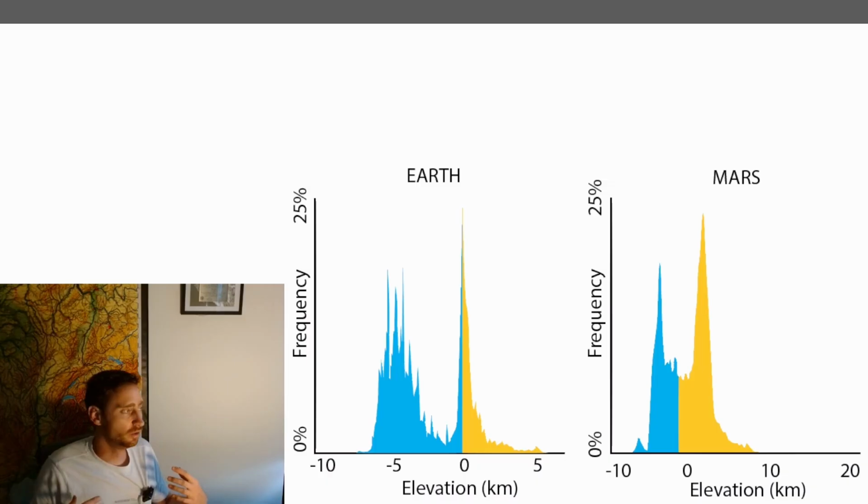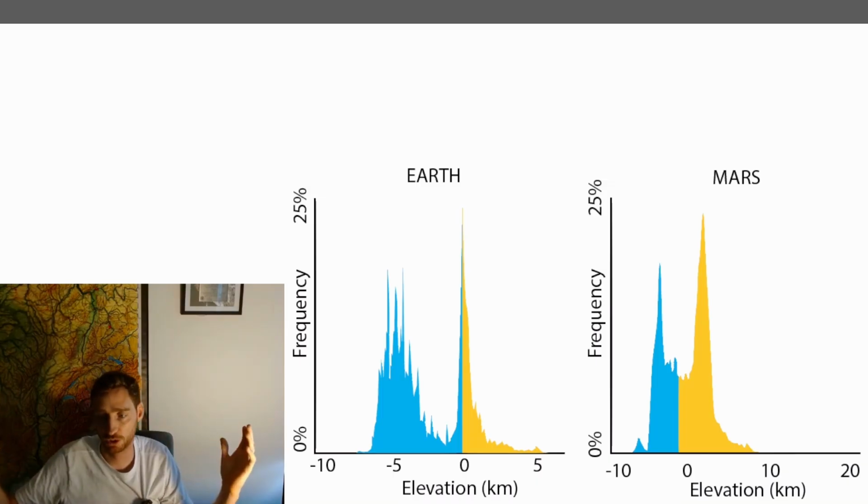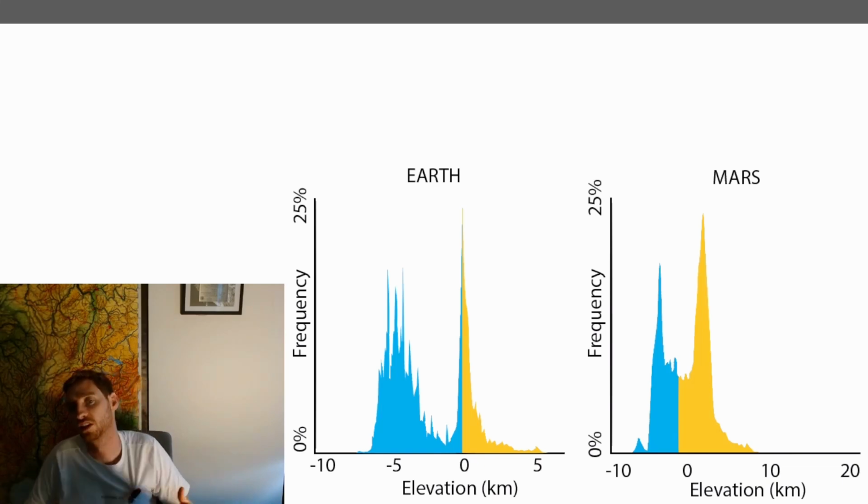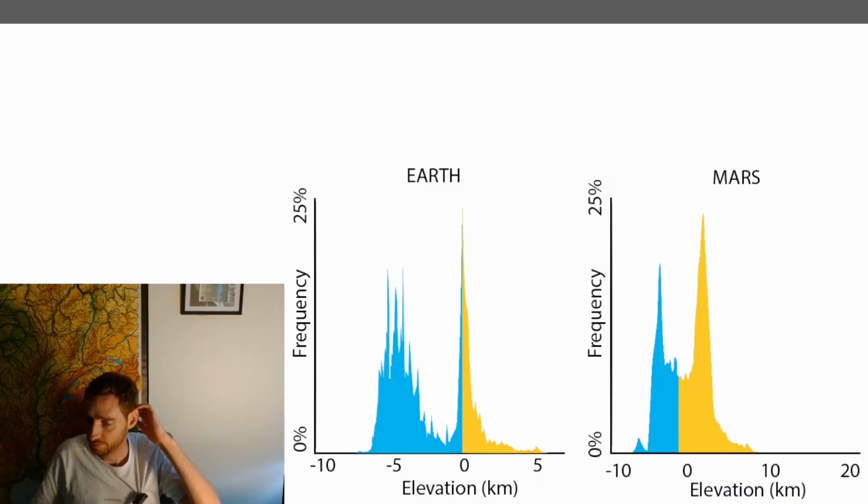So you could argue as to how sensical it is to attribute some sea level to the planet as it is right now. But what you can do is sort of artificially fill up the oceans on Mars, and then you will end up with some sense of where sea level would be today if there were oceans today.